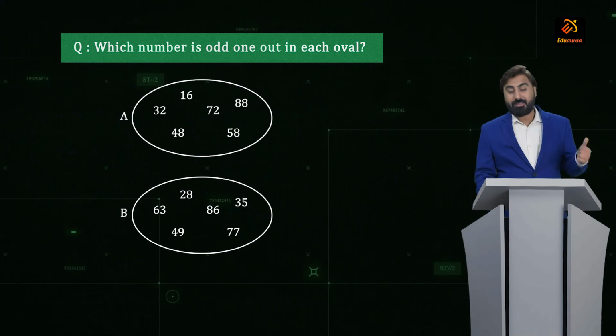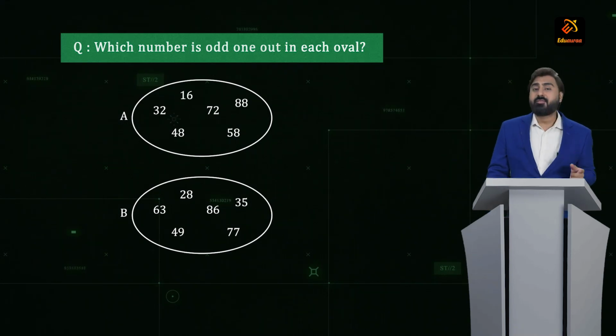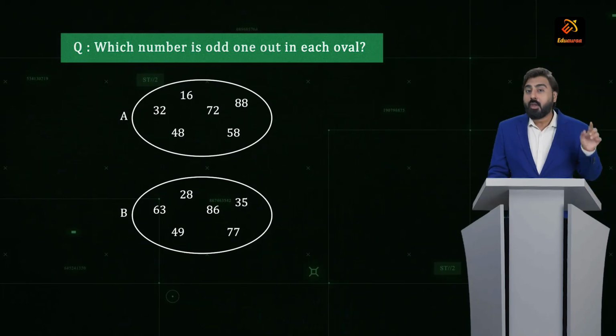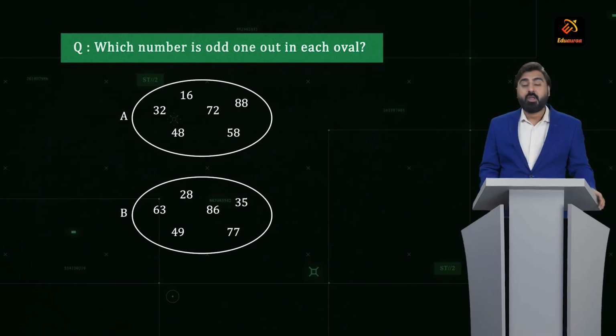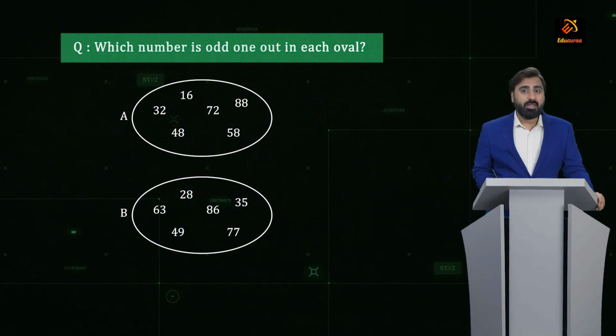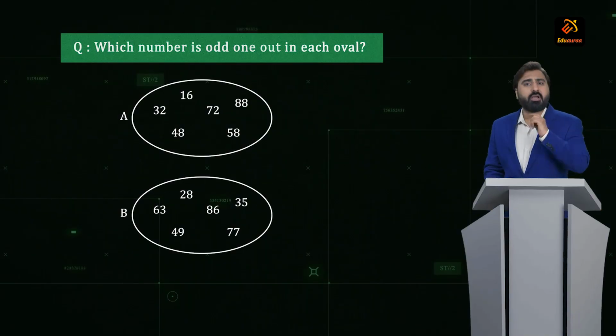Now students, consider oval A. What are the numbers? 16, 32, 72, 48, 58 and 88. Okay, now tell me one thing. 8 2s are 16, 8 4s are 32, 8 6s are 48, 8 9s are 72, 8 11s are 88, 8 what is 58?